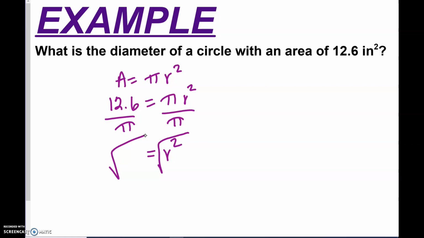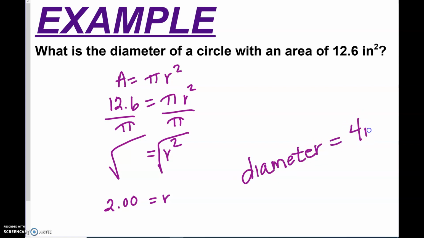And now if you take the square root of 4.01, you end up with the radius being something like 2.00. And since our radius is 2, we can now say that the diameter is going to be twice that. So your diameter is going to be 4, and don't forget your label, inches.